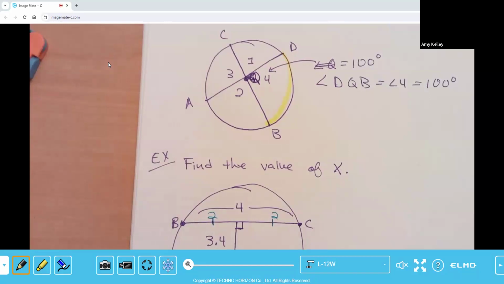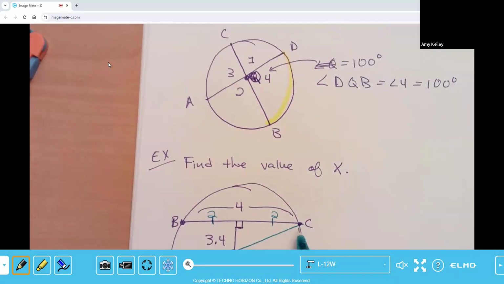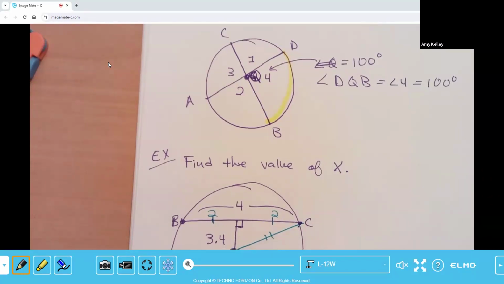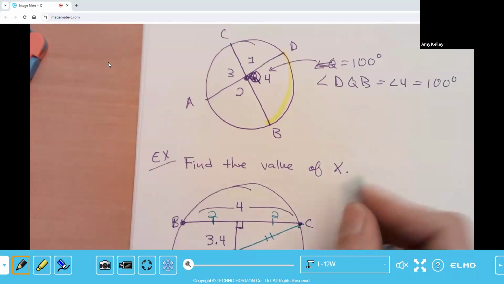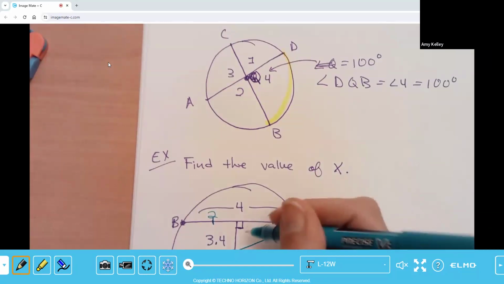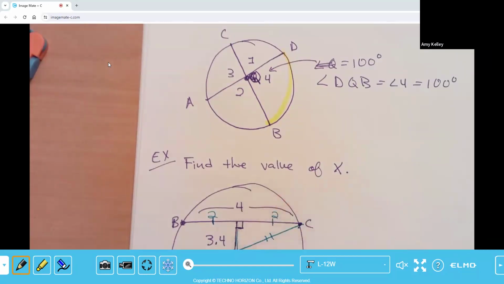I can also draw another radius from the center to point C, and these will both be congruent, because the radius is always the same measure within a circle. From here, all you have to do is use the Pythagorean theorem. So we could say 3.4 squared plus 2 squared equals x squared.